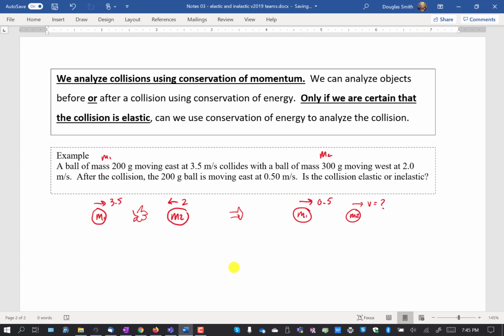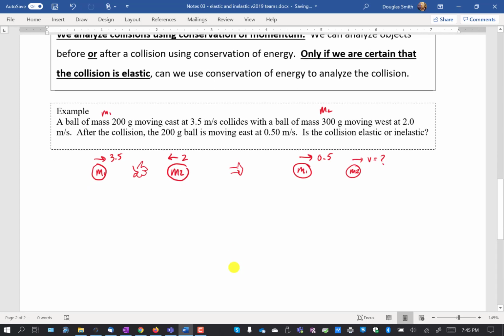So we have to use conservation of momentum to figure out this velocity. So we have V1 is 3.5 meters per second. M1 is 0.2 kilograms. V1 prime is 0.5 meters per second.